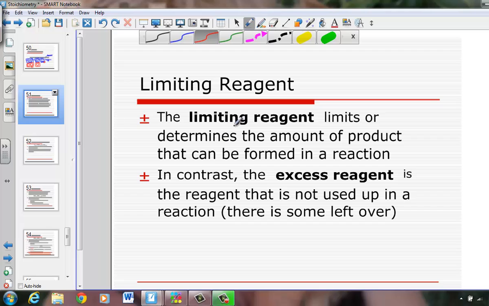The term limiting reagent we'll define into our note pack is that reagent, remember if you don't like that word, substitute the word reactant. It's the initial starting material that limits or determines the amount of product that can be formed in a reaction. It runs out first.